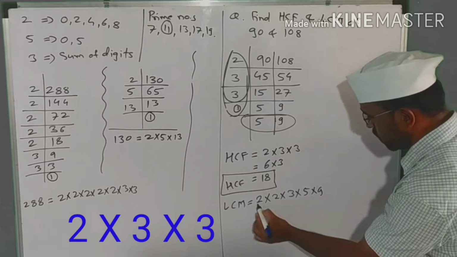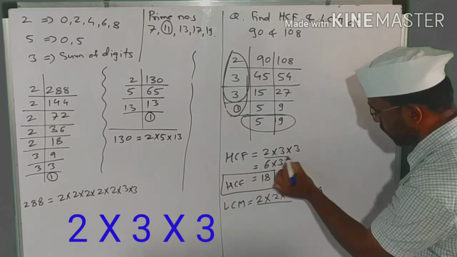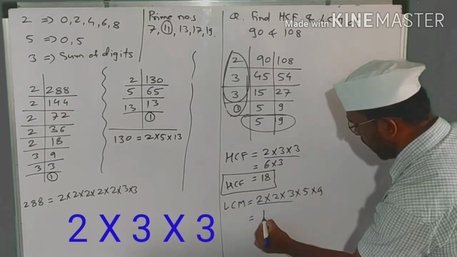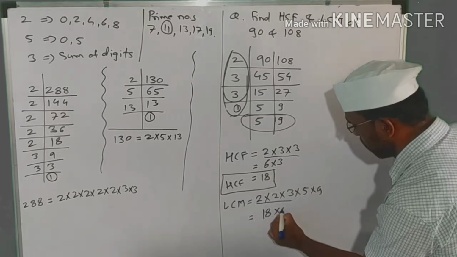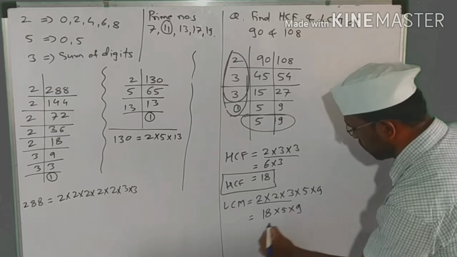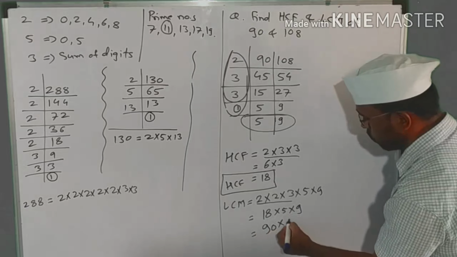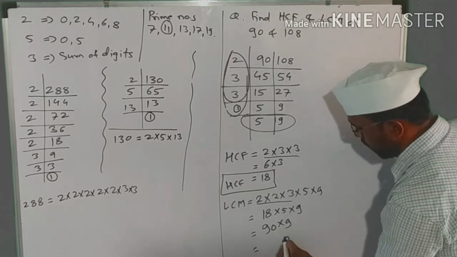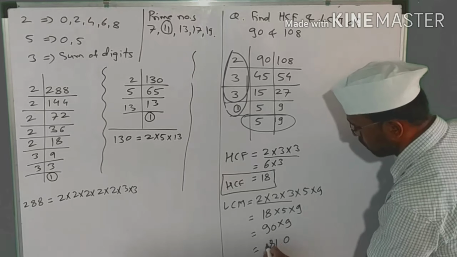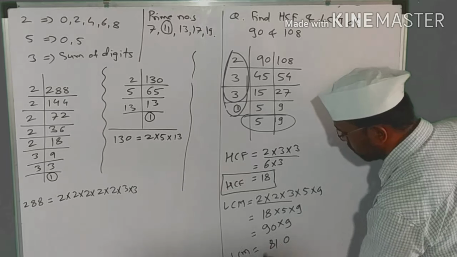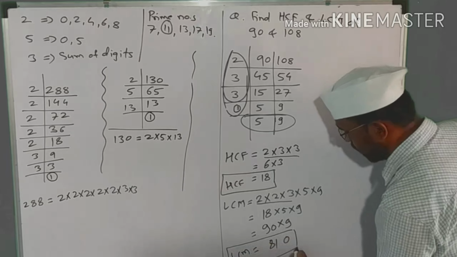See students, this multiplication we already have done here. So that is equal to 18 multiplied by 5 multiplied by 9. Which is equal to 18 5s are 90 into 9. 0 will be as it is, 9 9s are 81. So the LCM of these two numbers is 810.